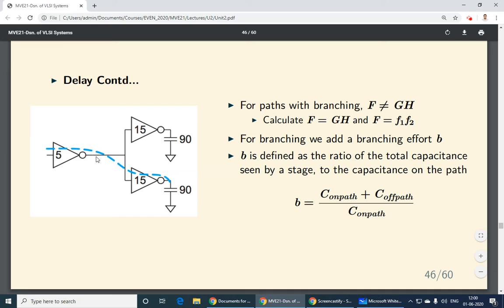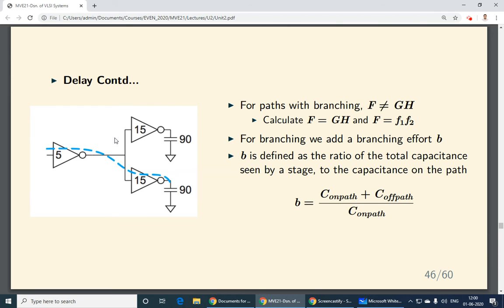This is one path, this is one path, and this particular node is where a branching happens. This branching is going to create a little bit of a problem if you don't account for it. So we have to account for this branching by something called the branching effort.